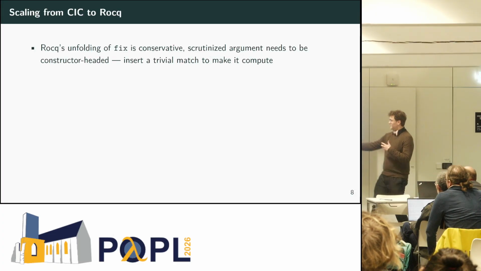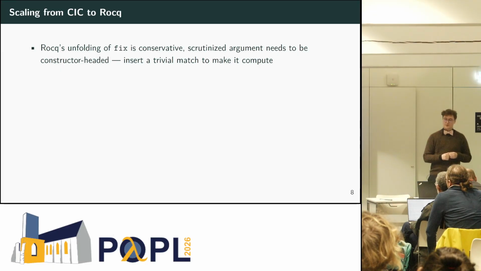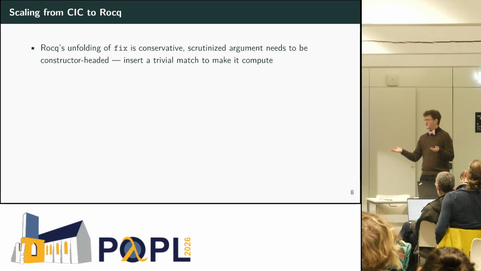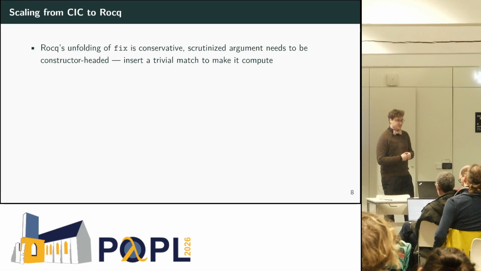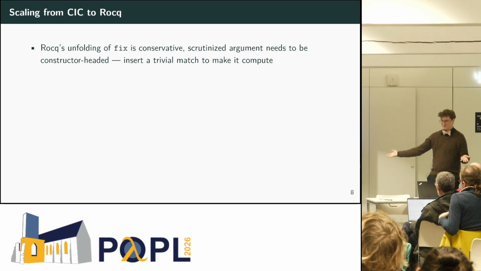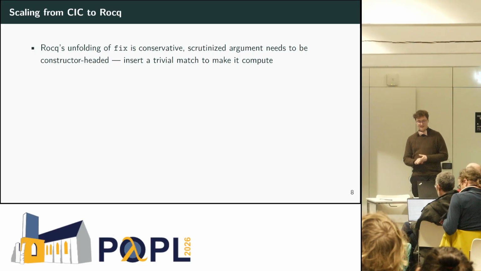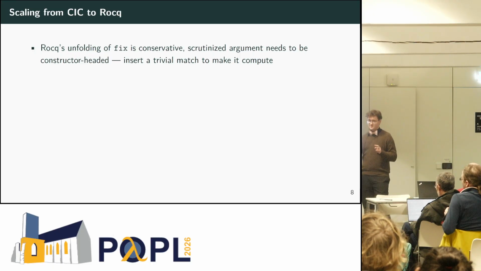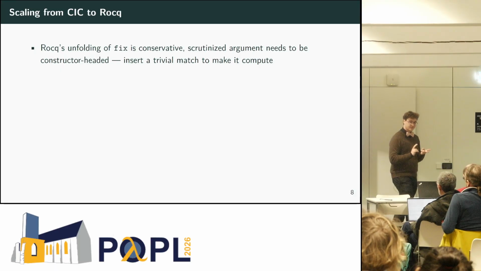And the last part that I prepared is that this translation is usually given for terms in CIC or CC omega, but we need to scale this to be able to use it as a practical tool in Rocq. And this brings a couple of complications. I will talk about two of those.